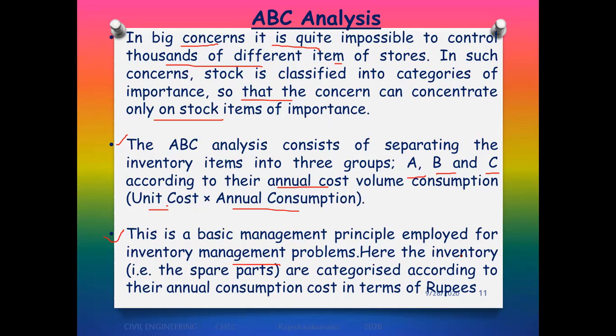Here, the inventory, that is the spare parts, are categorized according to their annual consumption based upon the terms of rupees. So with these basic things, we will go deeper into the ABC analysis.